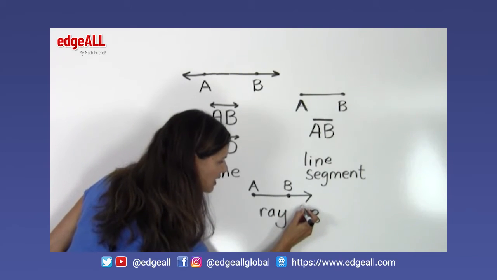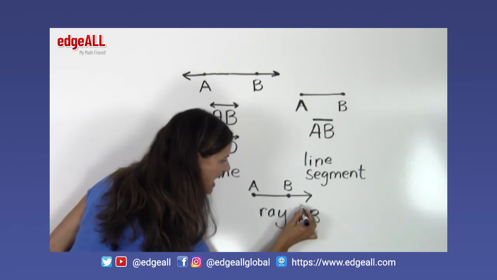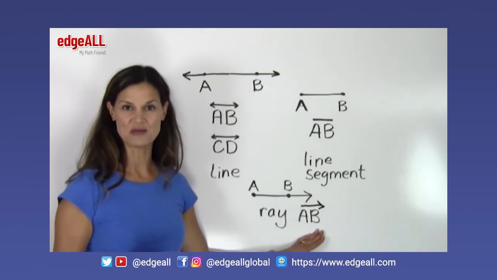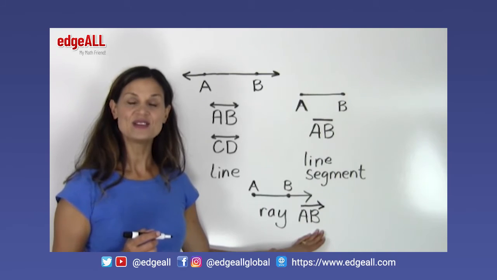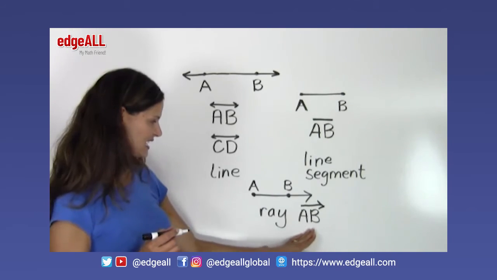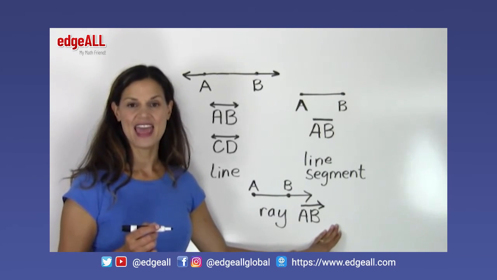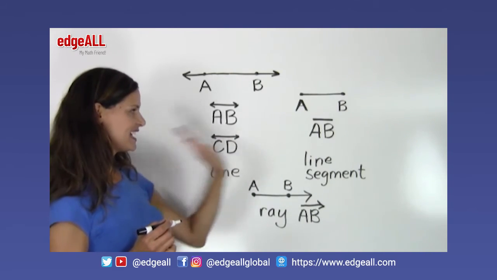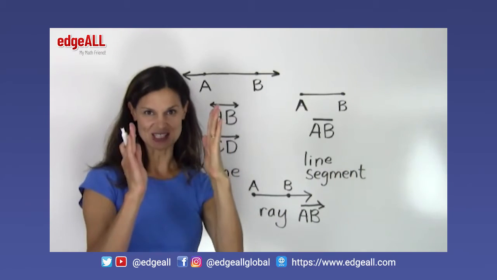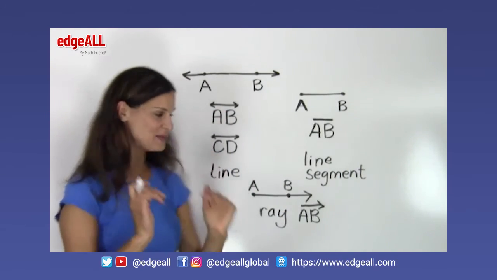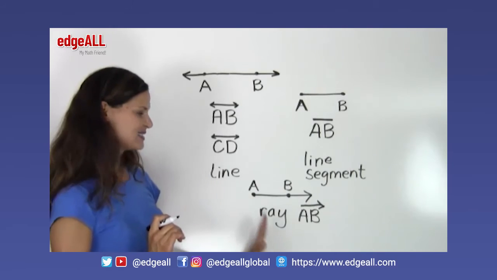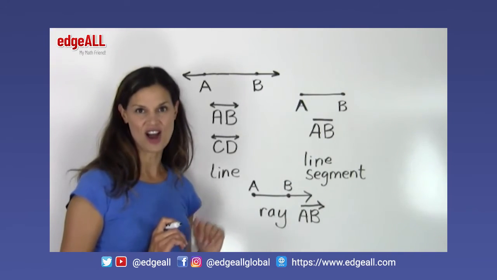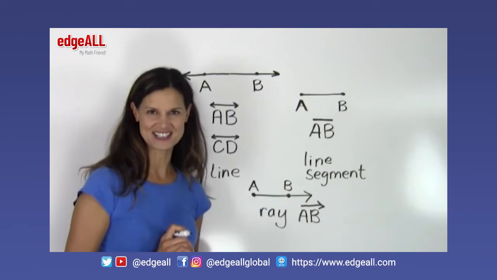So I'm going to have a starting point here over my A, and I'm going to draw an arrow just in the direction that my ray is going. So you'll see that this goes just in the direction of the ray, and the line AB would extend in both directions. The line segment AB is just between points A and B, and the ray AB starts at point A and goes through point B, continuing on forever in that direction.